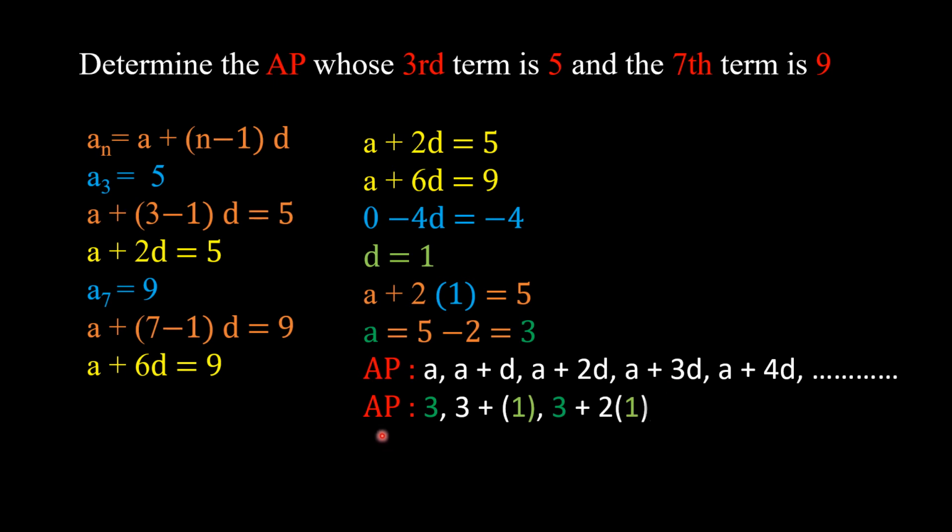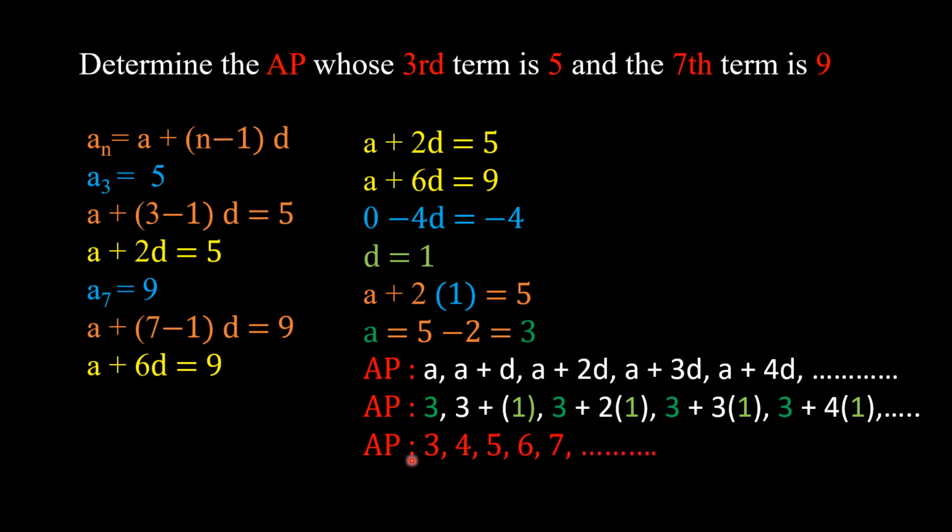So the AP will be 3, because A is 3, then 3 plus 1, because D is 1, then 3 plus 2 times 1, 3 plus 3 times 1, 3 plus 4 times 1, and so on and so forth, which will be 3, 4, 5, 6, 7, and so on and so forth.